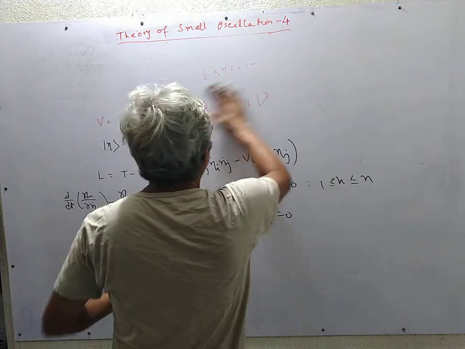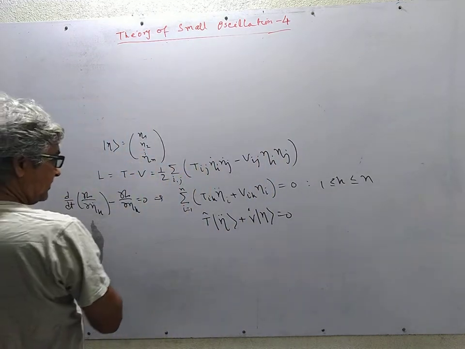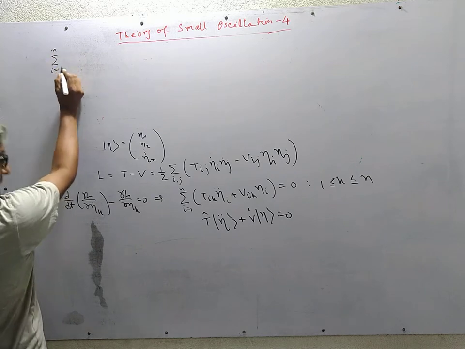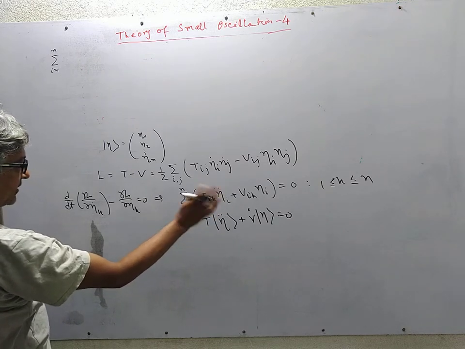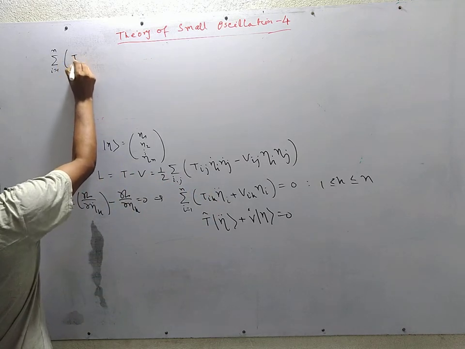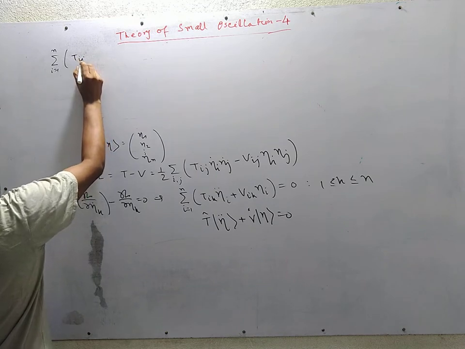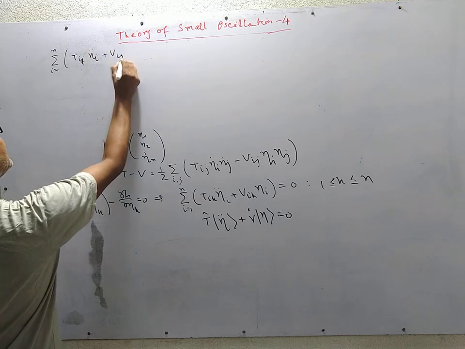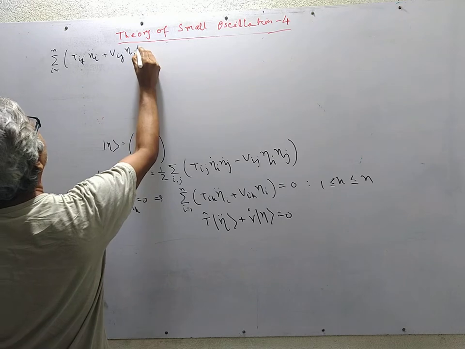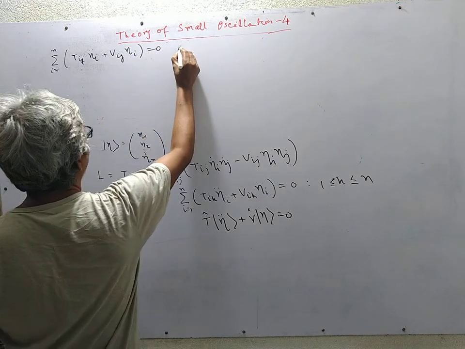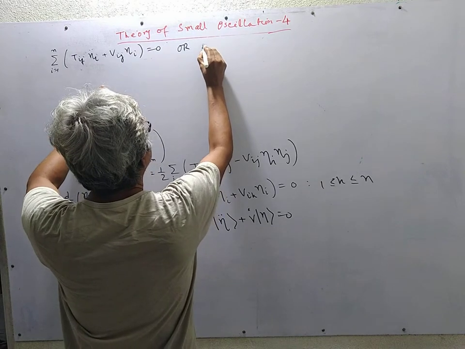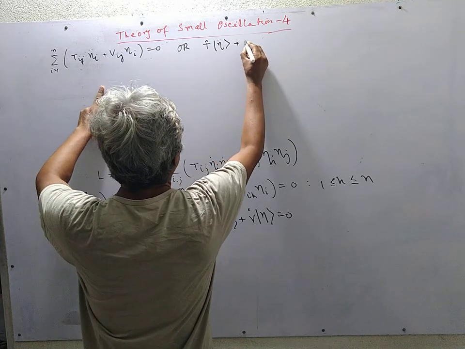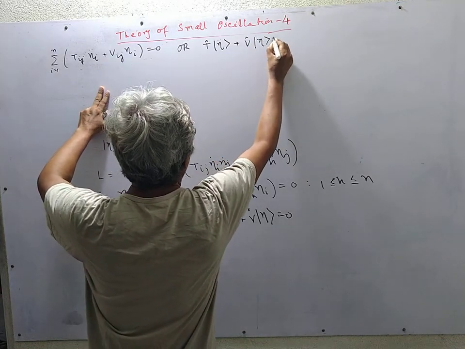This is our starting expression for today's class: summation over i equal to 1 to n, and for this k I am replacing by j, so this is Tij eta i double dot plus Vij eta i is equal to 0, or in matrix form. The matrix form allows us to write the expression in a very compact way.